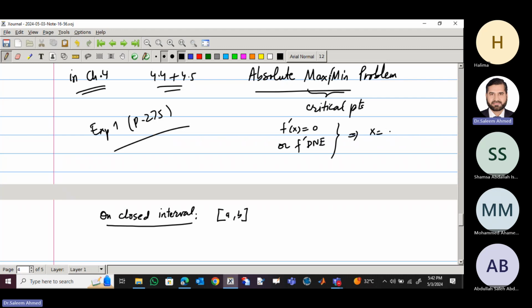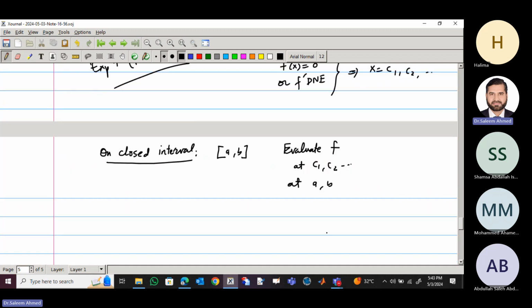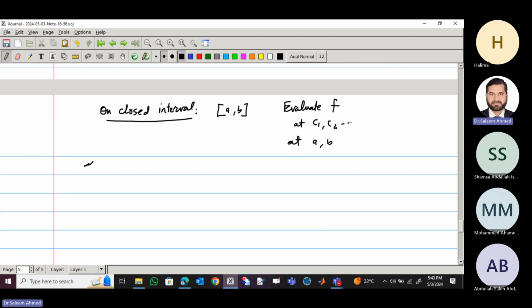Let's say x is equal to c is a critical point, or maybe more than that, c1, c2, etc. Then we evaluate our function f at critical points c1, c2, etc. and at endpoints A and B. Let's say there are critical points like that. This is your C1. This is another critical point C2. And you have first point A and the last point B.